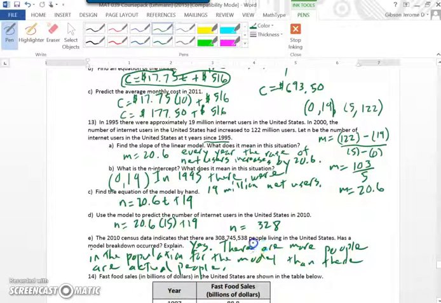So basically, the model has more people than there actually are. It's like 20 million more people.